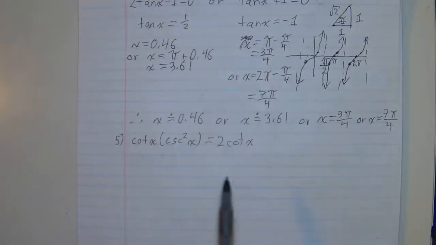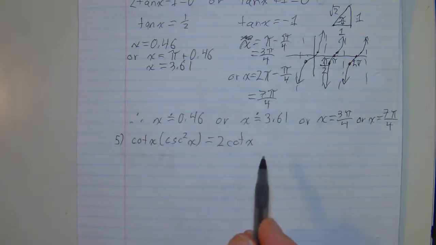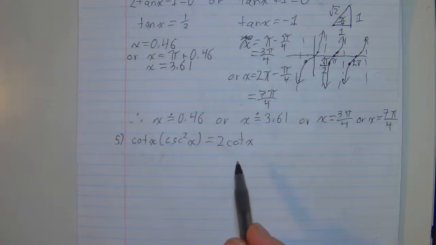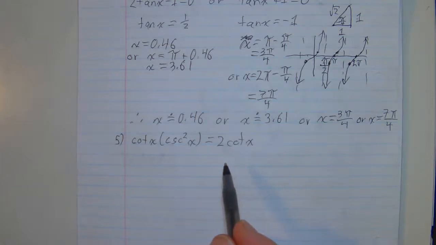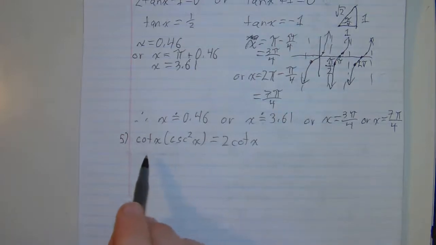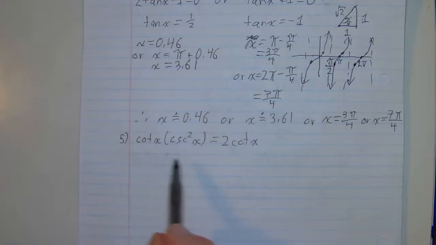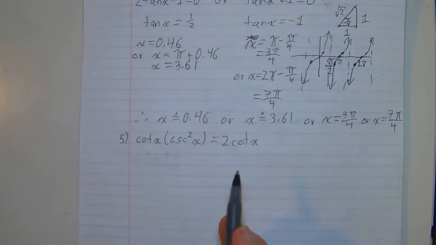One, it's tempting at this point to just divide out by cotangent x on both sides. That is kind of an obvious idea. The thing that we need to be really careful about is that whenever we divide by something involving a variable, we may be eliminating certain solutions.